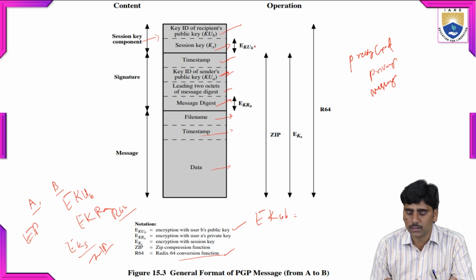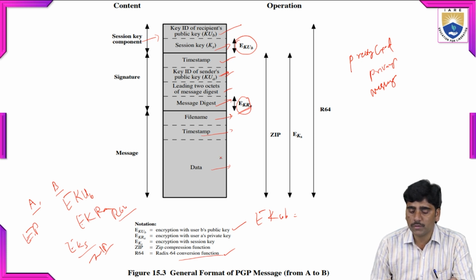Here, encryption with user A's private key. So the file name and the timestamp contain the data contents.